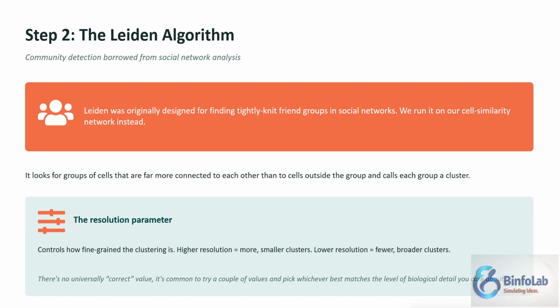It looks for groups of cells that are far more connected, or far more similar, to each other than to other cells. The similar ones will be grouped together as compared to the least similar ones. And what is the value of k? We will discuss it later.